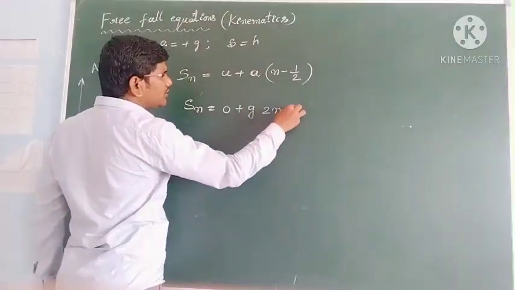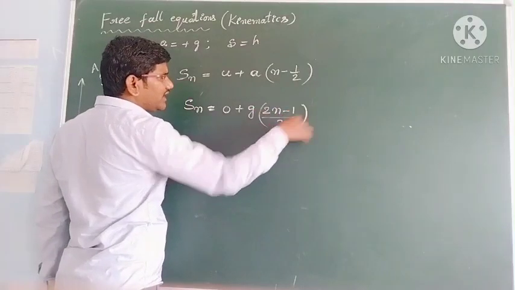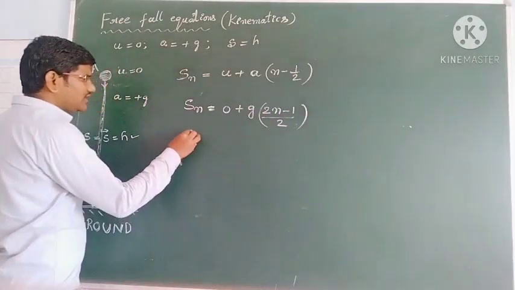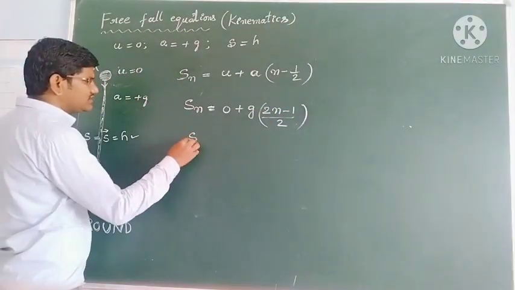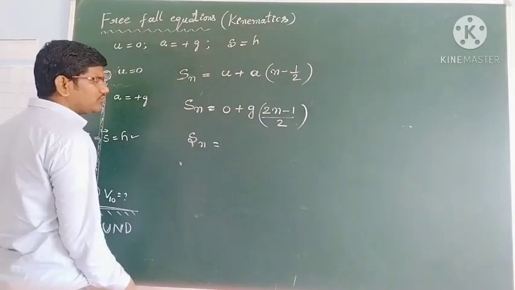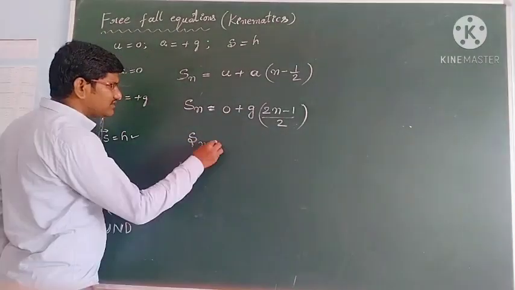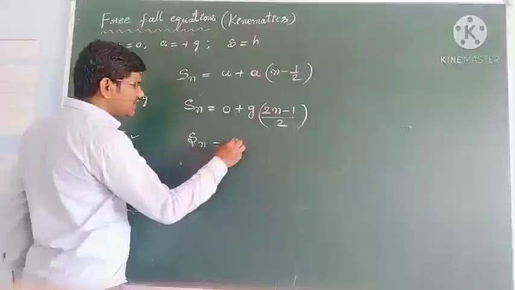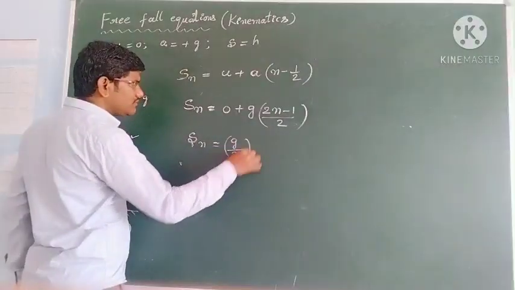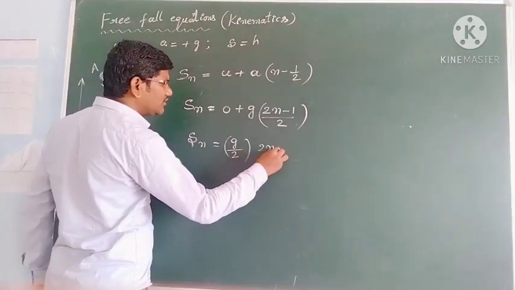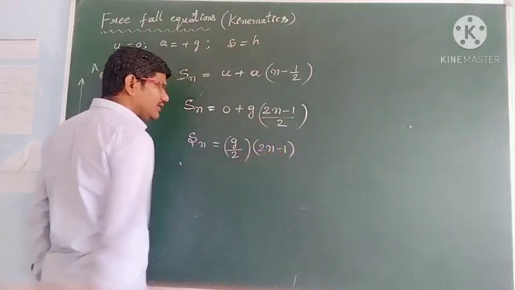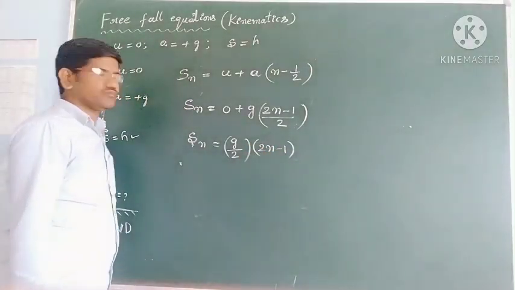We can also write 2n minus 1 by 2 by taking LCM. So then Sn is equal to g by 2 into 2n minus 1. So you can write it like this.